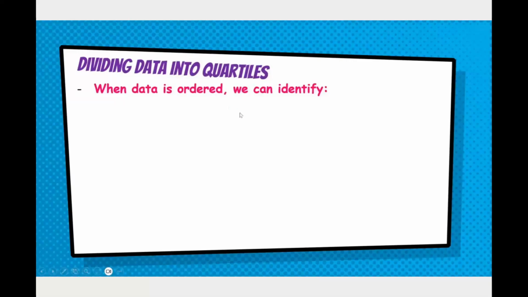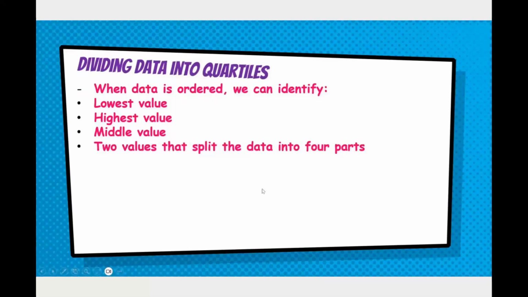When data is ordered, we can identify our lowest value, our highest value, and our middle value, and then split the data into four parts, each with approximately an even amount of the distribution, about 25%.